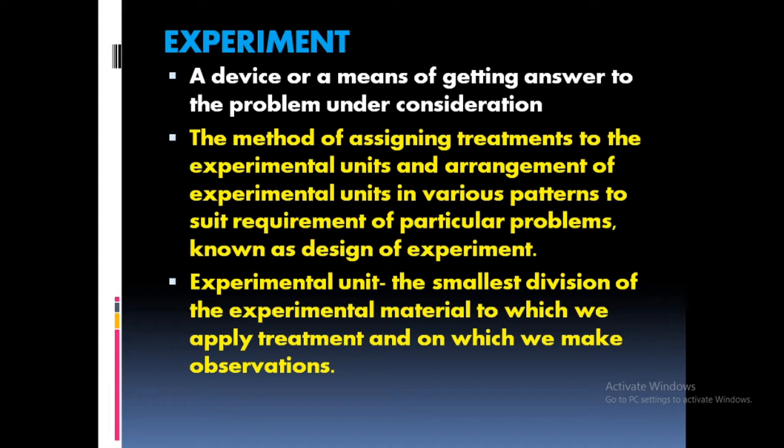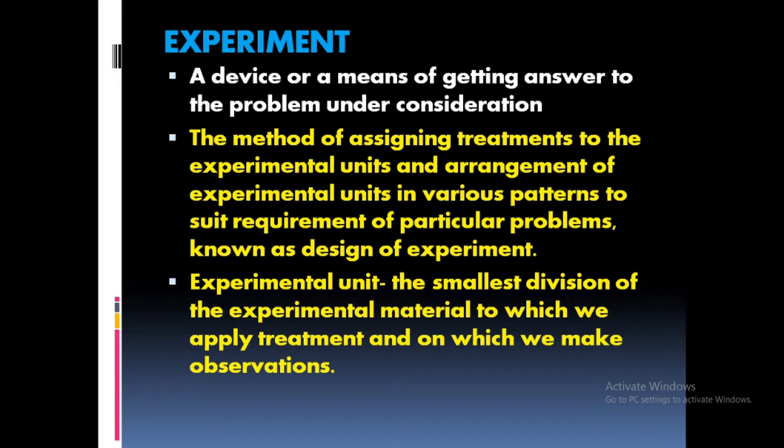So you will study what is a treatment, what is an experimental unit. Okay. So the method of assigning treatment to the experimental unit and arrangement of the unit, to suit the requirement of a particular problem, clear? That is known as what? Design of an experiment. So what is an experimental unit?